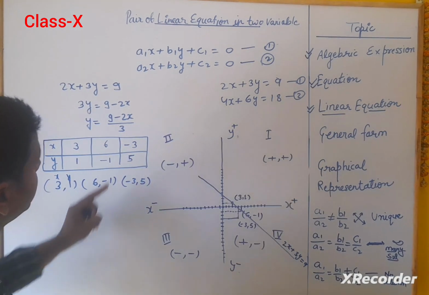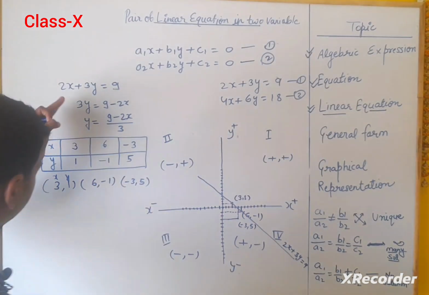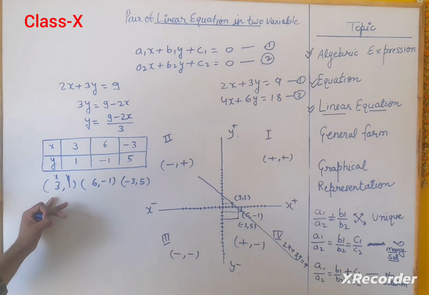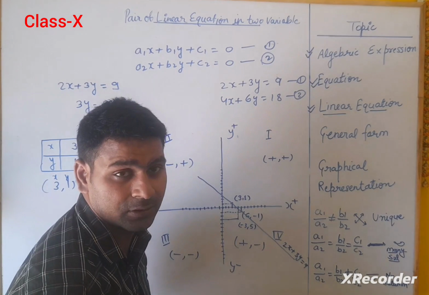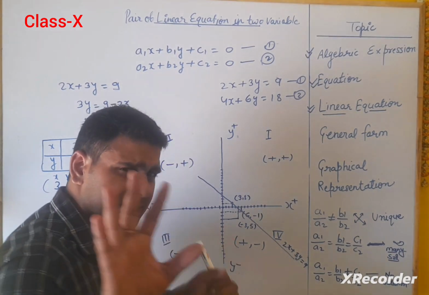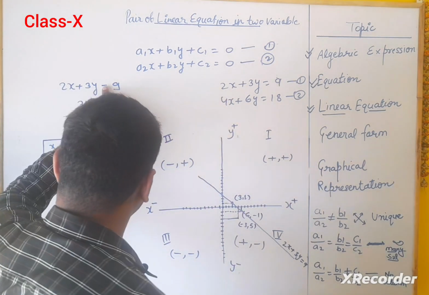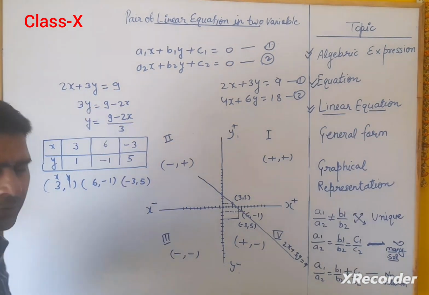Similarly you can make another line also. You can find the value of x and y, then find the quadrant, and after that you can draw it on the graph also. Clear? So that's very easy. Once again, I am telling you how we can solve. Take one equation and try to find the value of x in y or y in x.